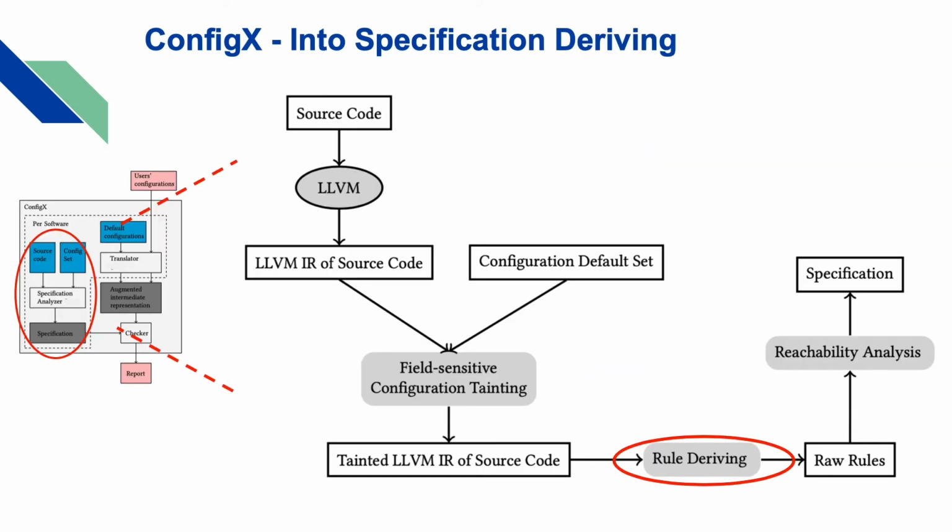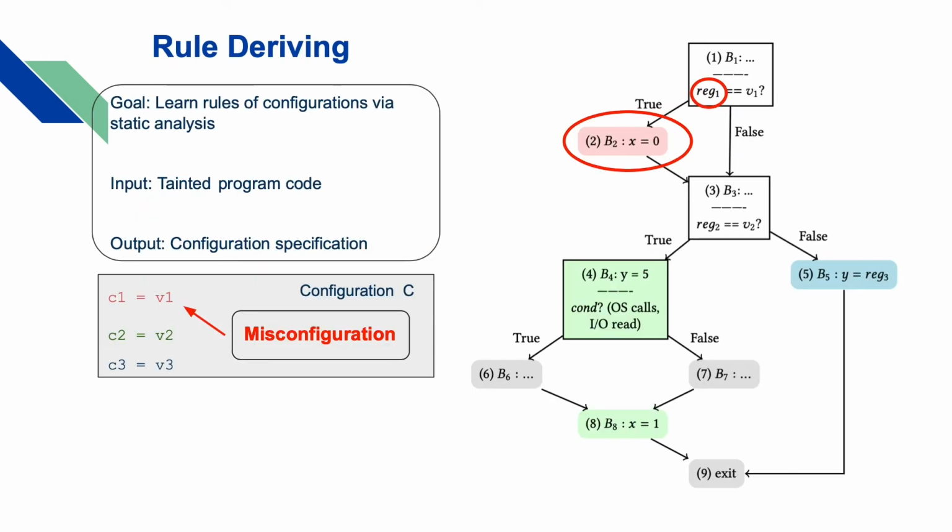With this tainted source code, here comes our rule deriving part. The right picture is a simplified version of an LLVM control flow graph. Taking this as input, our goal is to learn the specification of configuration directly via static analysis.